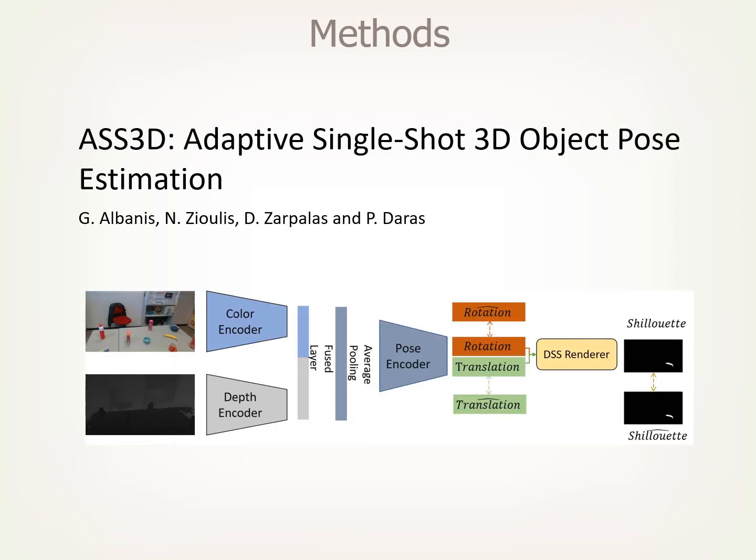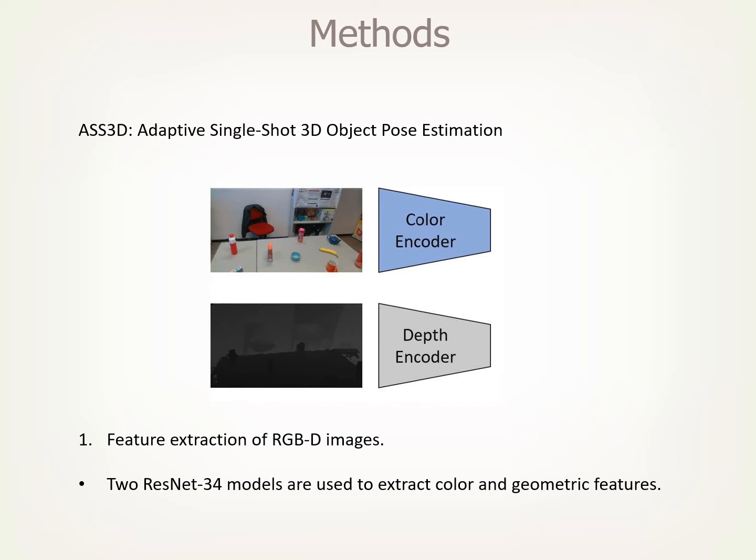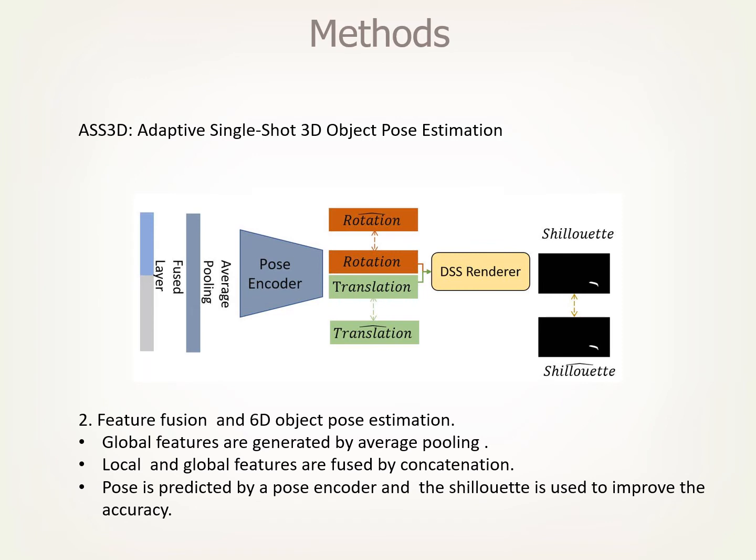The second method is the ASS3D, Adaptive Single-Shot 3D Object Pose Estimation. In this work, they exploit multimodal inputs using a lightweight network. In the first stage, they use two ResNet 34 models to extract features. In the second stage, the extracted features are fused and flattened by an average pooling function.